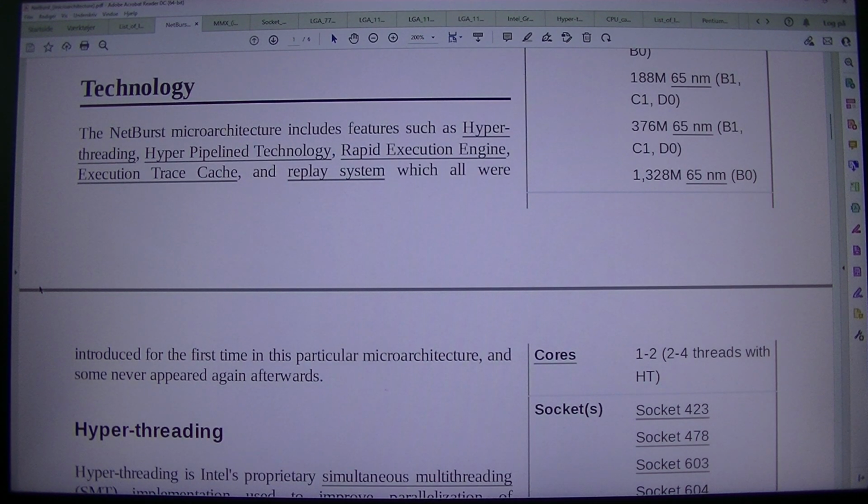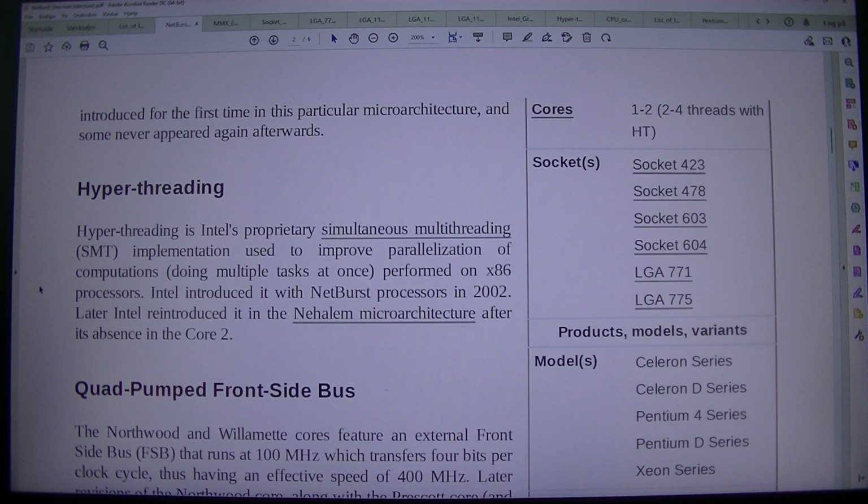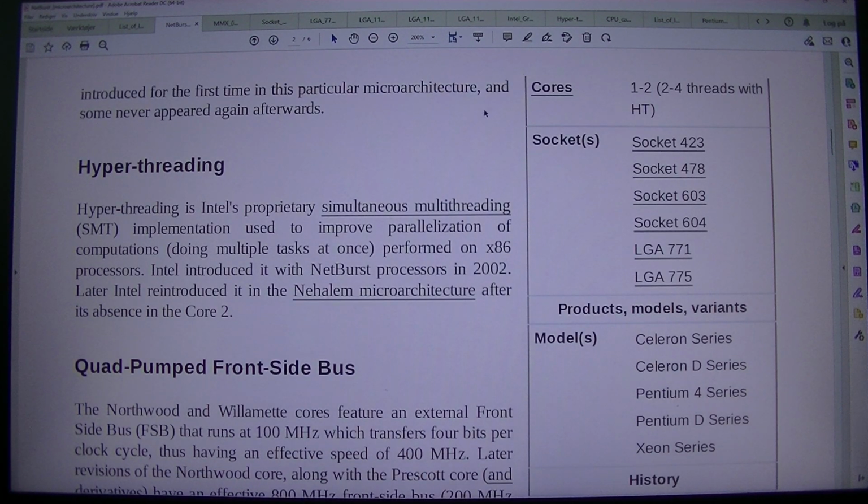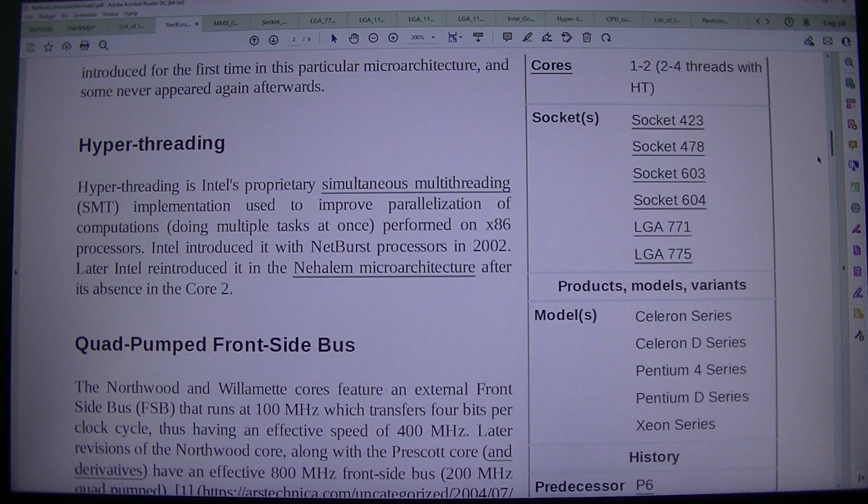The NetBurst microarchitecture includes features such as hyper-threading, hyper-pipeline technology, rapid execution engine, execution trace cache, and replay system. Cores: 1-2, threads: 2 to 4 with HT. Sockets: socket 423, socket 478, socket 603, socket 604, LGA 771, LGA 775.